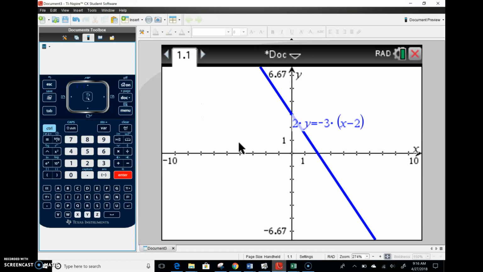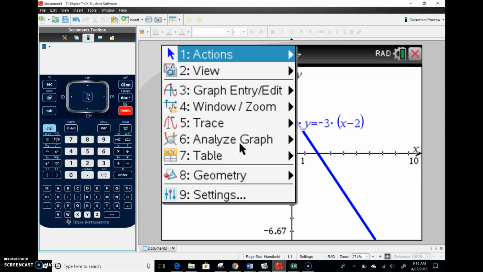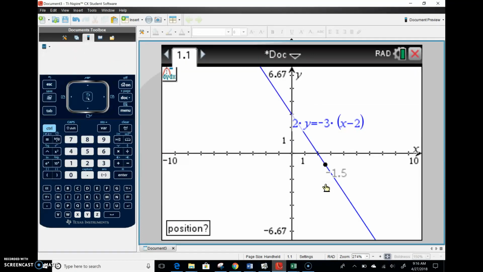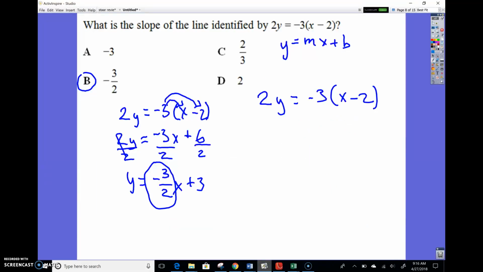Once you graph it, you can use dy dx: menu, analyze graph, dy dx. You see, it says negative 1.5, so it's equal to negative 1.5.